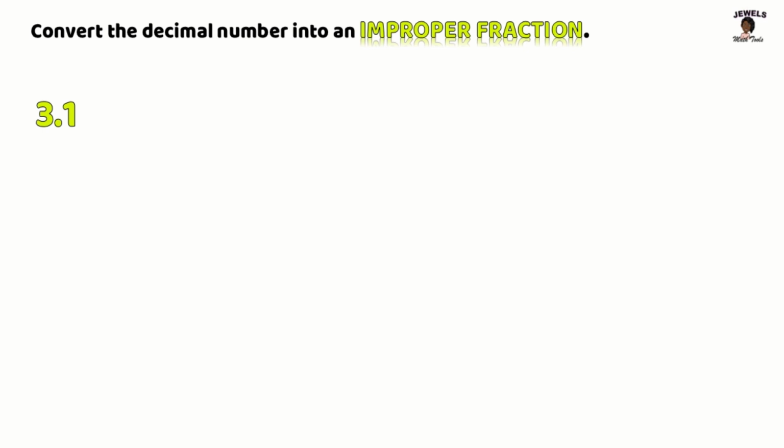So we're going to begin by first changing our decimal number 3.1 into its fraction form. And as a fraction, this will be 3 1/10 as a mixed number. So now we're going to change this into an improper fraction by going through our steps where we multiply our denominator times our whole number and then add their product to our numerator, and this will all remain over the same denominator.